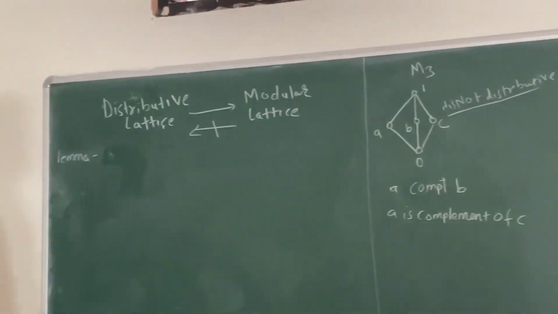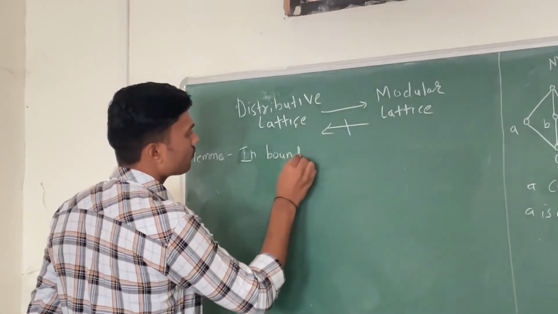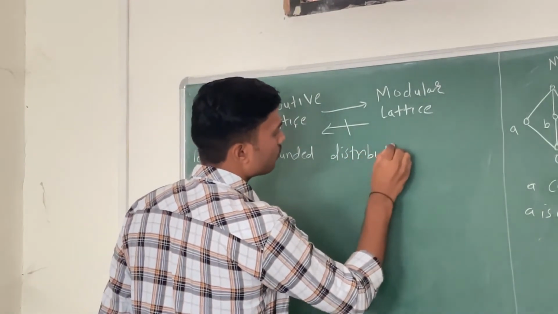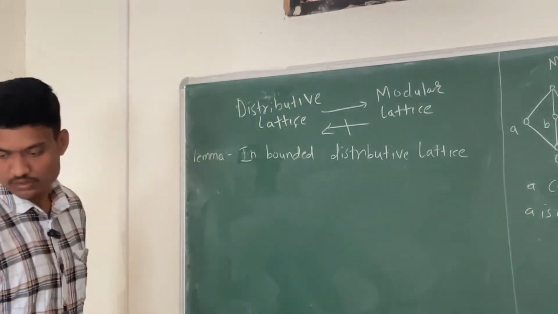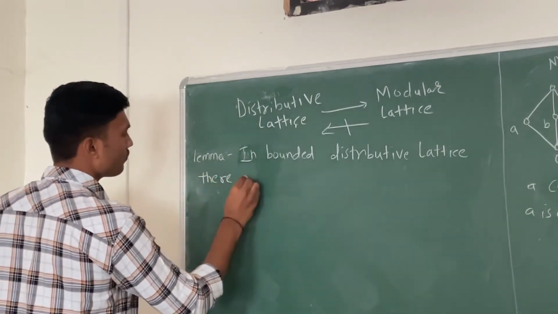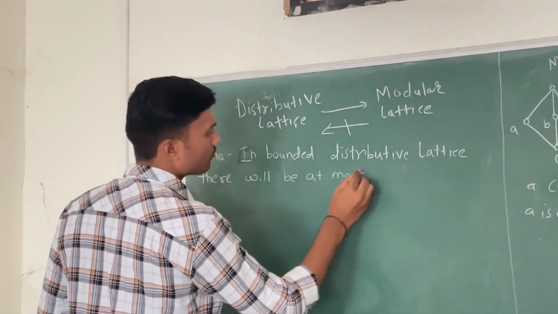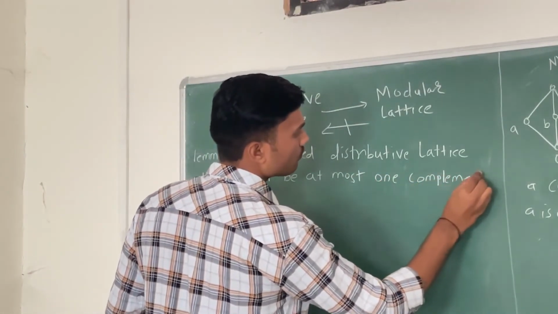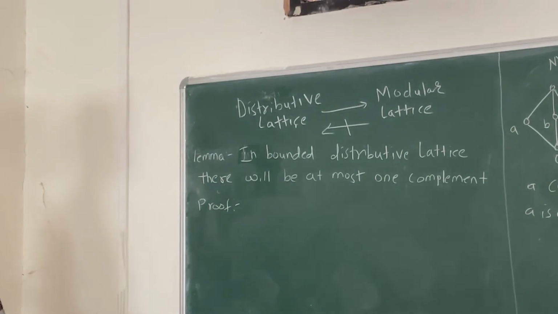The statement of the lemma is: in a bounded distributive lattice, there is at most one complement. Why did I give that example?